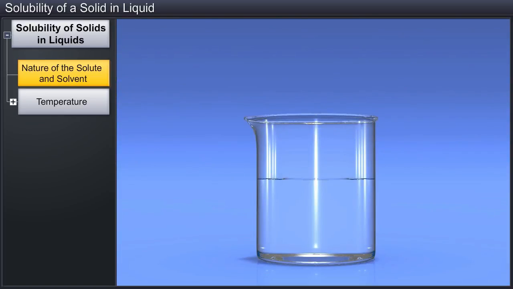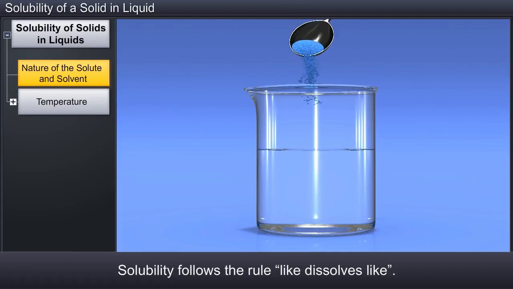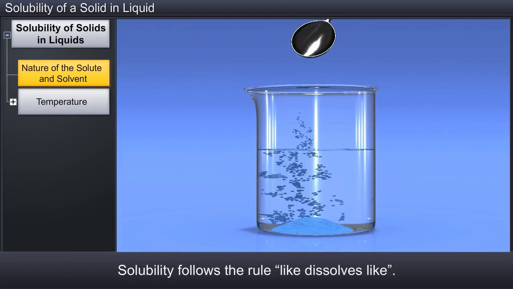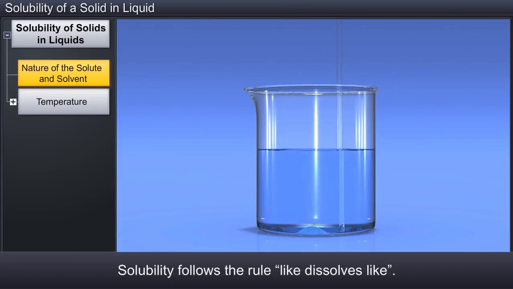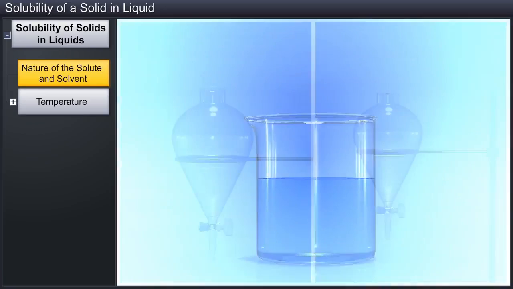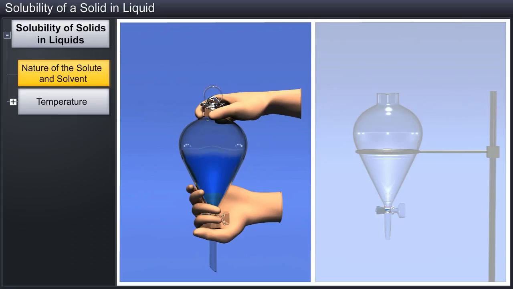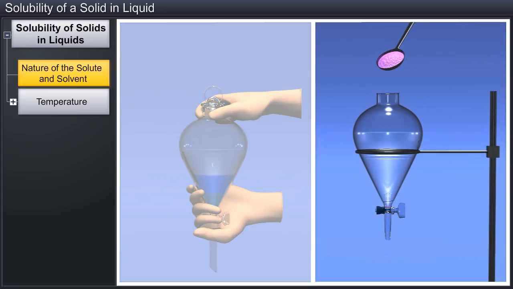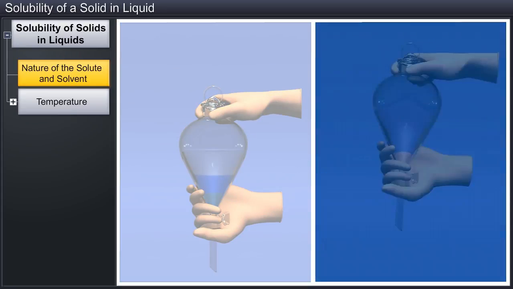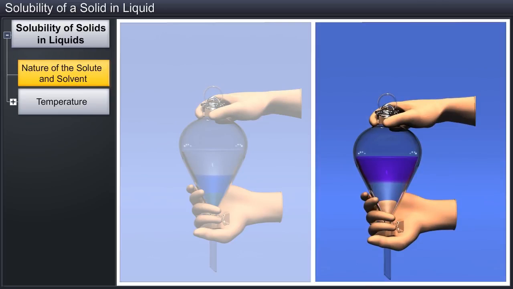In general, solubility follows the rule like dissolves like. That is, a polar solute dissolves in a polar solvent, and a non-polar solute dissolves in a non-polar solvent.